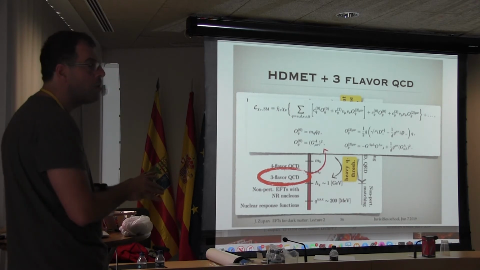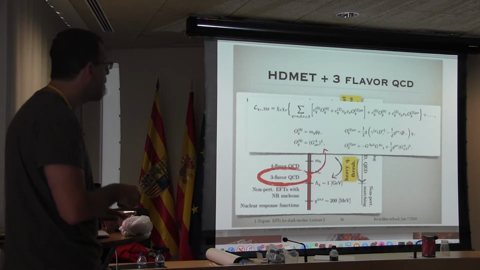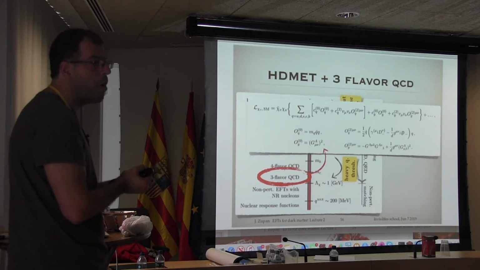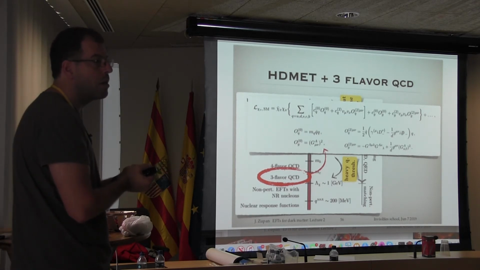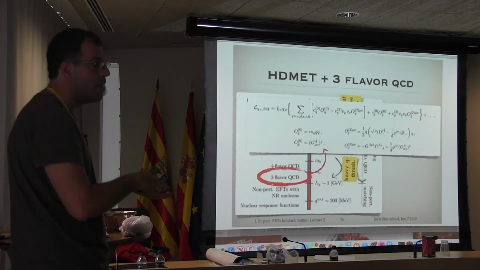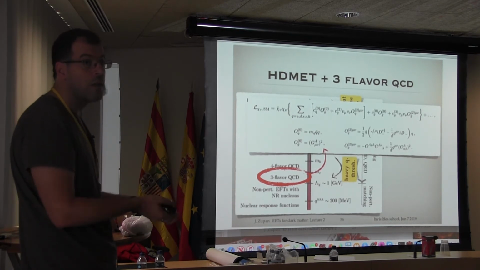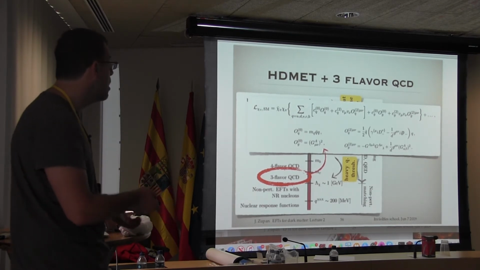I've not shown you these operators yet, but they are sitting there because the time components of the operators are different than the 3 components of the operators, because we are in the non-relativistic limit. That's one way of thinking about this.